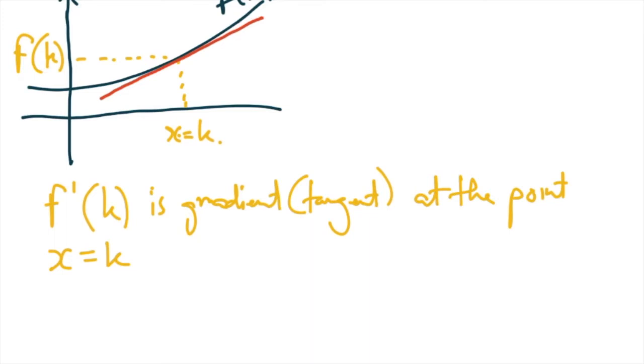So for any point, when x equals k or b or c, all you have to do is differentiate the function, find the first derivative, and plug in your x value to find the gradient at that particular point.